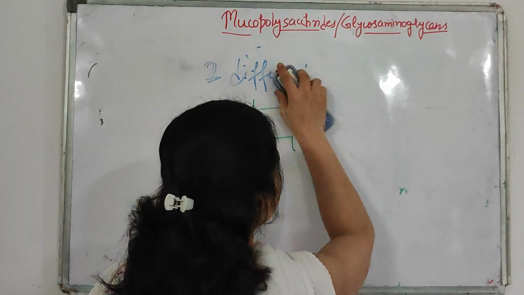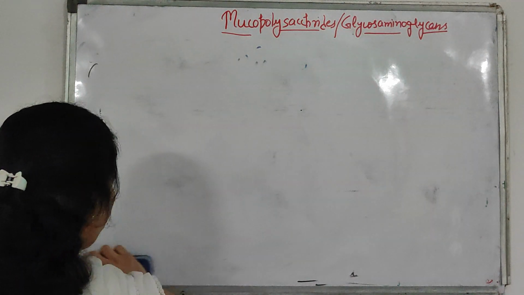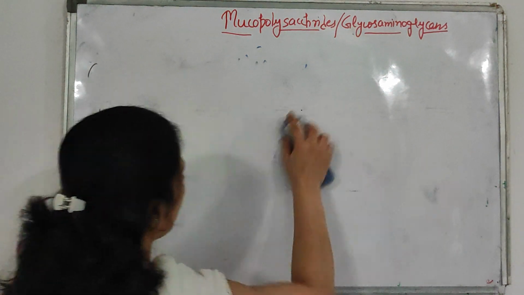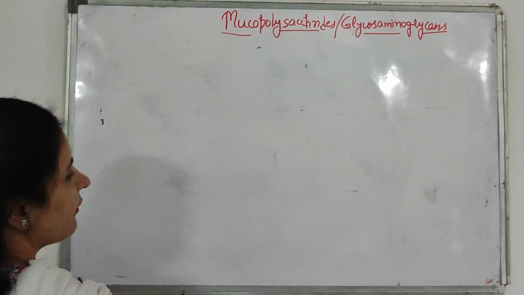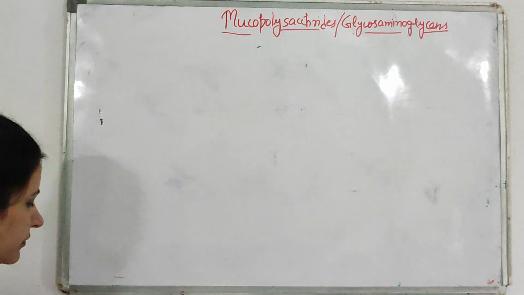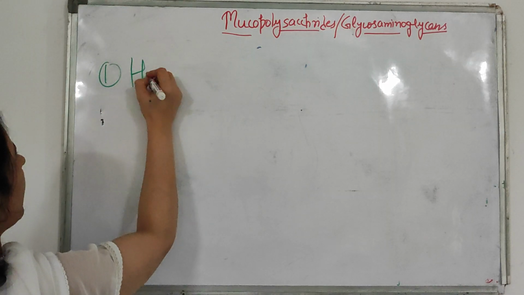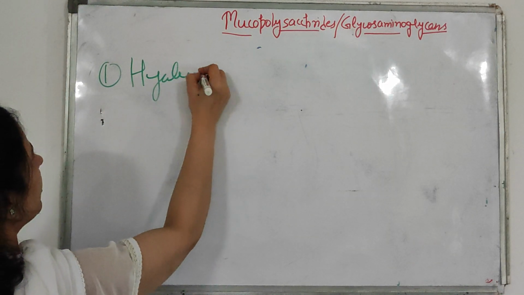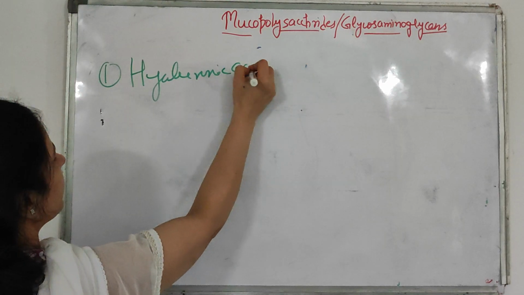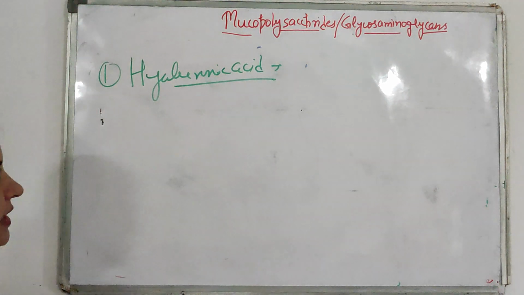So first is hyaluronic acid. What are the examples of these GAGs? The examples are hyaluronic acid, chondroitin sulfate, dermatan sulfate, keratin sulfate, heparin and heparan sulfate. We will teach all of these individually. First GAG is hyaluronic acid. What is the composition of hyaluronic acid?